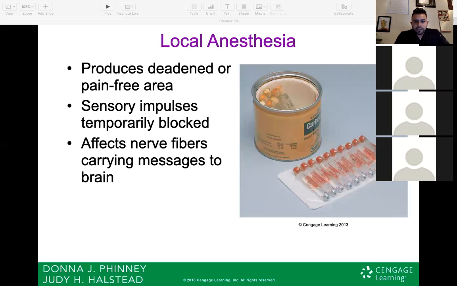All right, this is an example of what a local anesthesia looks like. Looks like we have some lidocaine there on the side, some carbocaine that's in that can. Local anesthetics are used to reduce the sensation of pain, touch, and heat to a particular area. And this type of anesthetic works well to block nerve fibers that usually send messages back and forth from the brain to the sensory impulses.